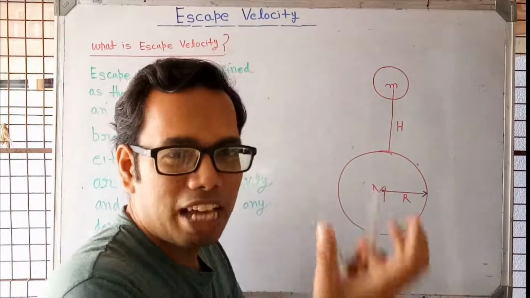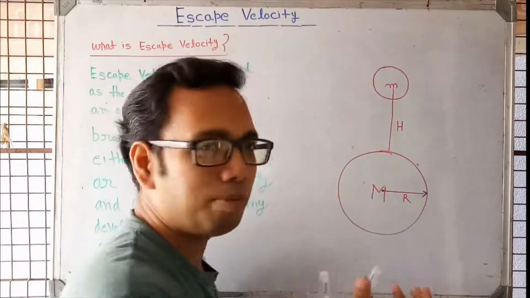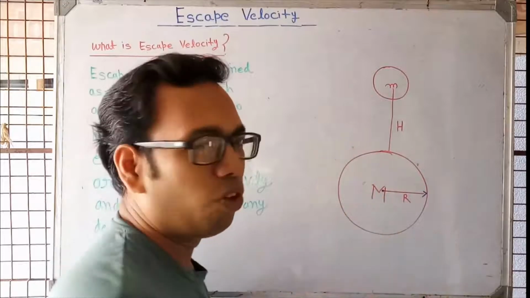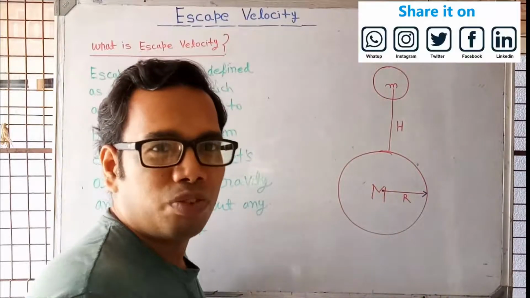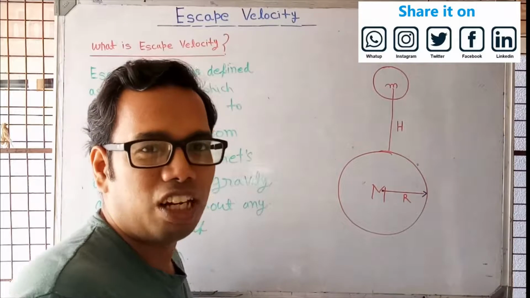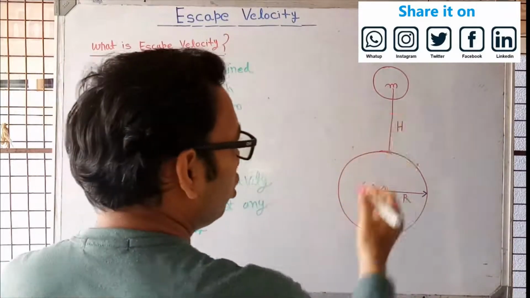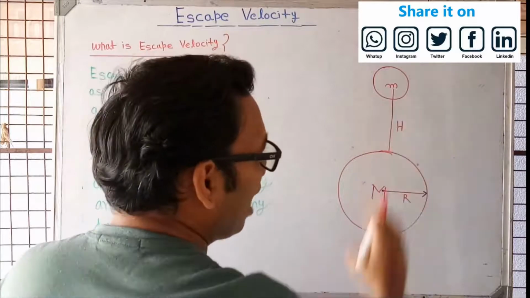Earth has some force of attraction, because any two bodies have a force of attraction as per the universal law of gravitational force. According to that, these two bodies will attract each other.